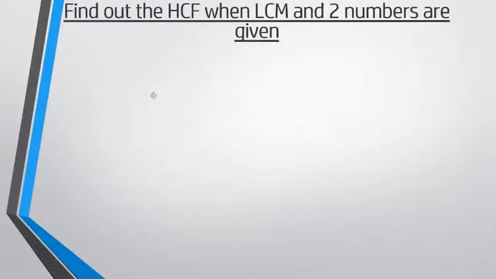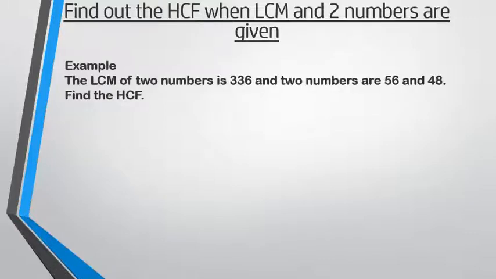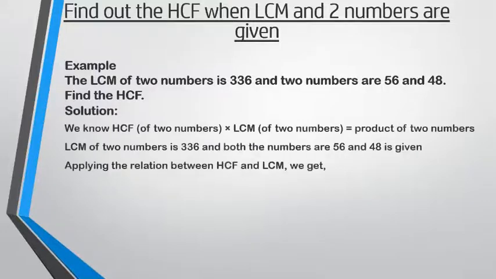Now we will learn to find the HCF when the LCM and two numbers are given. Example: the LCM of two numbers is 336 and the two numbers are 56 and 48. We have to find the HCF. We know that the HCF of two numbers into the LCM of two numbers is equal to the product of the given two numbers.